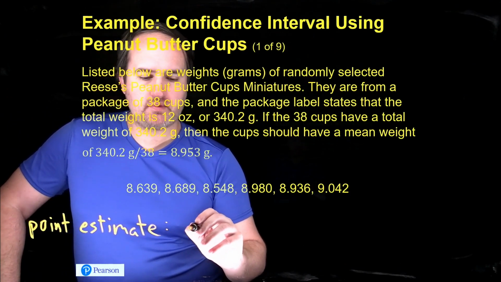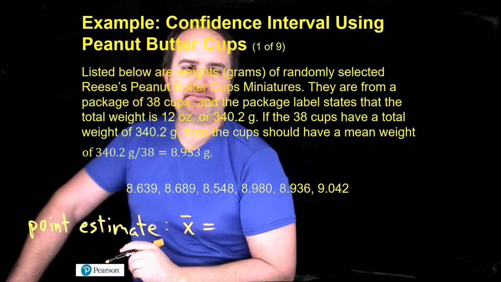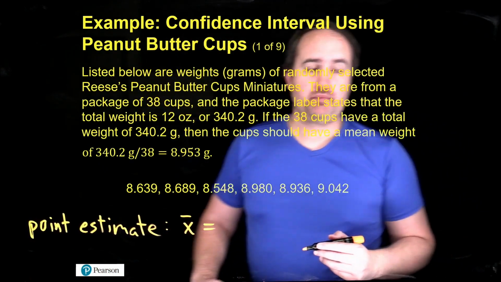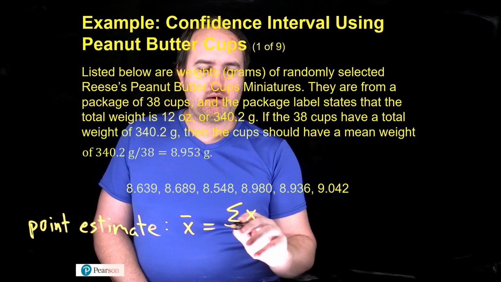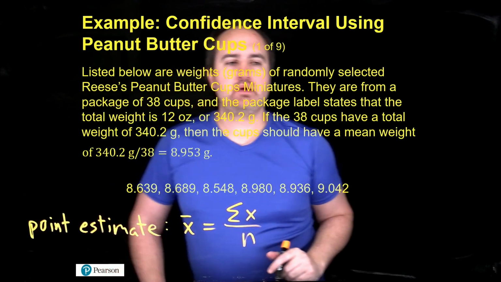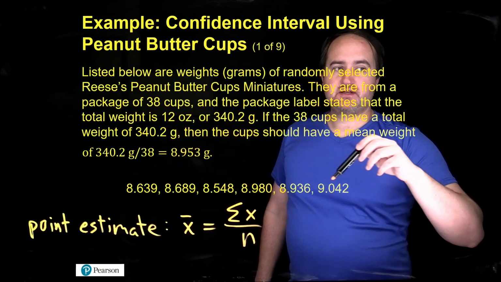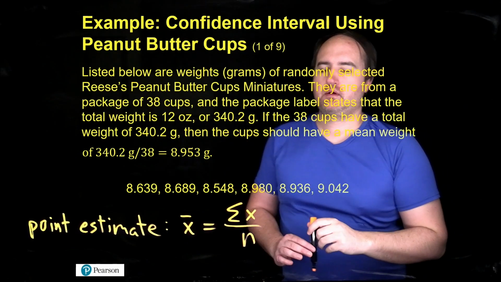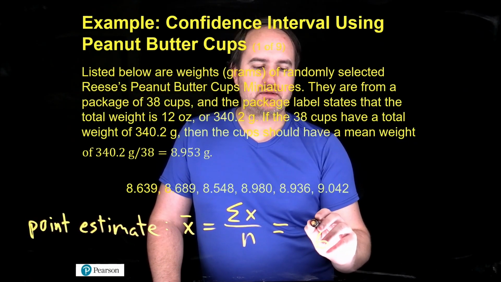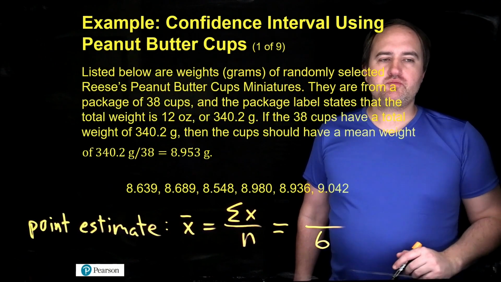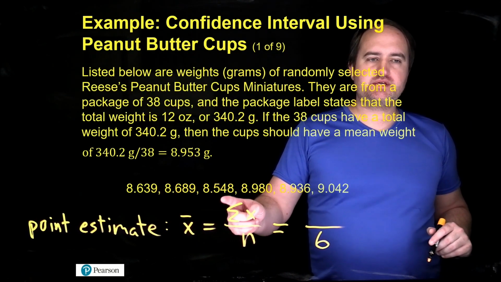So the point estimate is x bar, and remember that the formula for x bar is the sum of x over n. So in this problem, n is clearly 6 because there are 6 data values listed here. So our denominator is going to be 6. And then in our numerator, the sum of x means we add all of these numbers up.